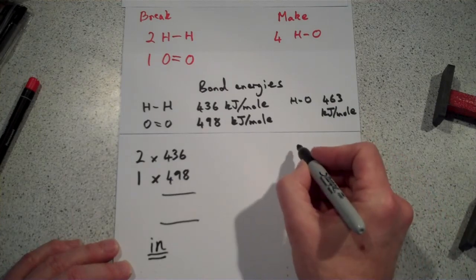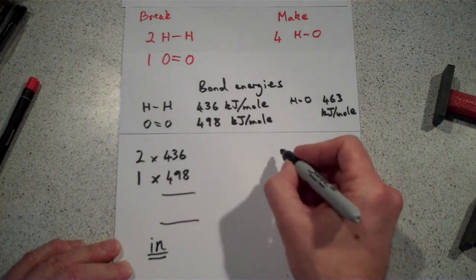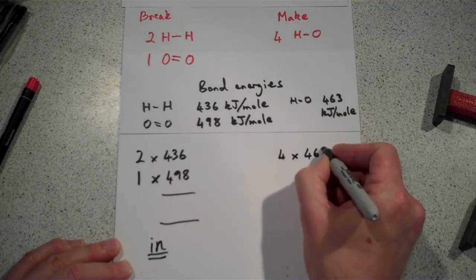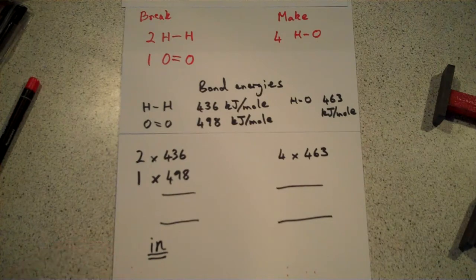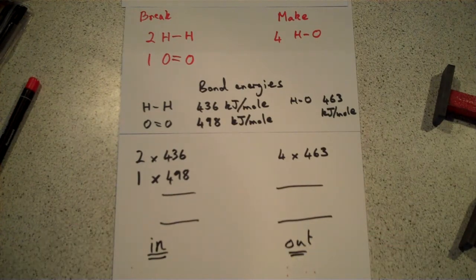What about bonds we're making? As you see at the top, we're making 4 H-O bonds. 4 bonds that, if we were breaking them, would take 463 kilojoules. Now, we have to do a bit of maths to work out how much energy we're putting in and how much energy we're putting out.